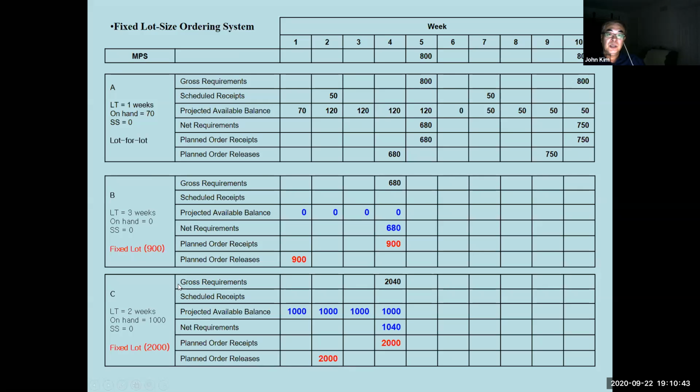If the EOQ, economic order quantity or optimal order quantity, for B is 900, and for C 2000, fixed like this, even though we need 680 net requirement, this order size is optimal, so order 900 and 2000.